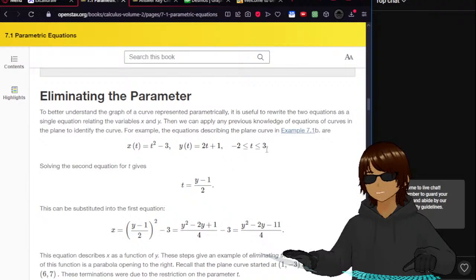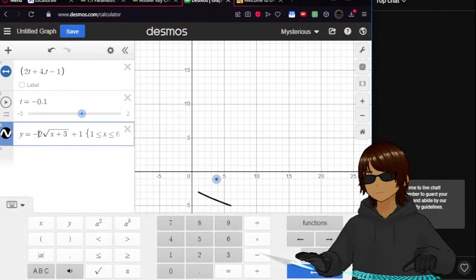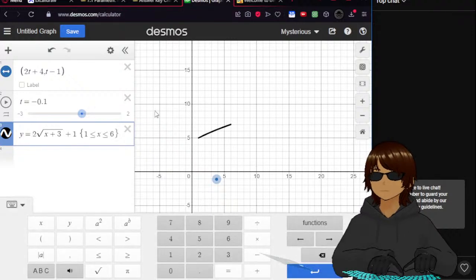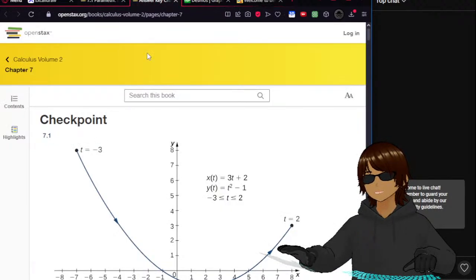Minus 4 to 6, plus 1, so minus 3 to 7. Y would be from minus 3 to 7. So it's only defined at minus 3 at the bottom.